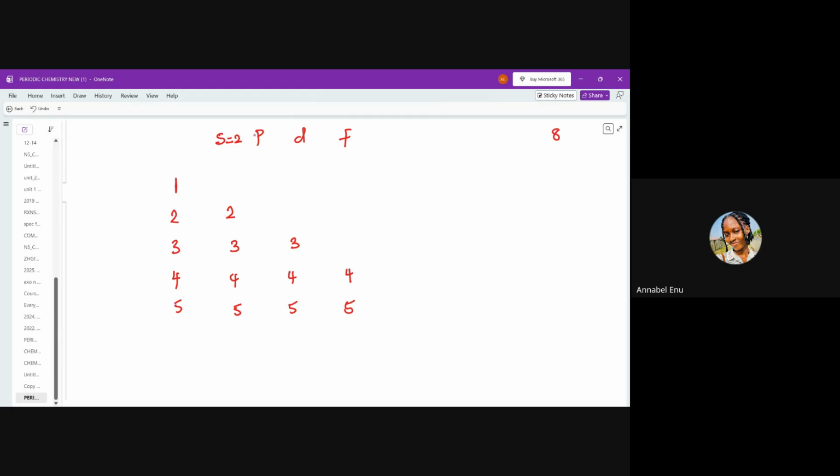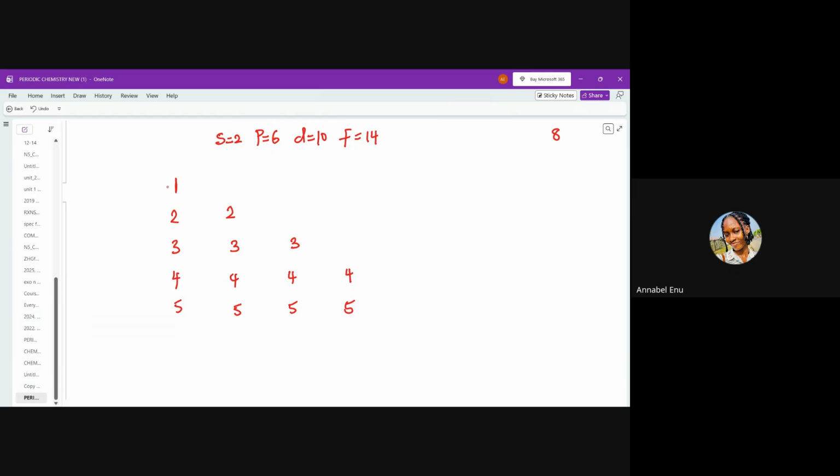Although there are also formulas to know these numbers, but you don't have to use the formula if it's just a fixed number, right? So the P subshell has a maximum of 6 electrons, the D has a maximum of 10, and F has a maximum of 14. Now, if you notice, they are increasing by 4, right? The difference between them is 4.